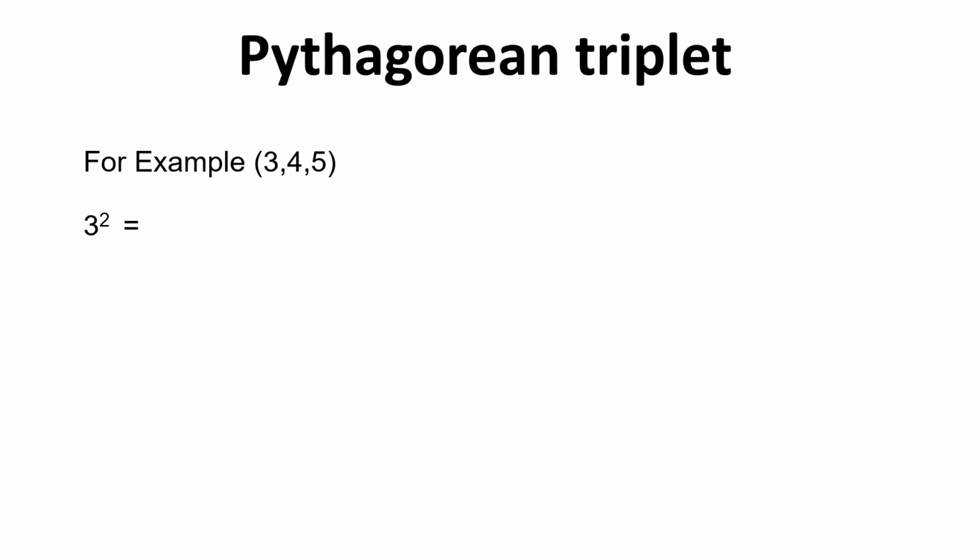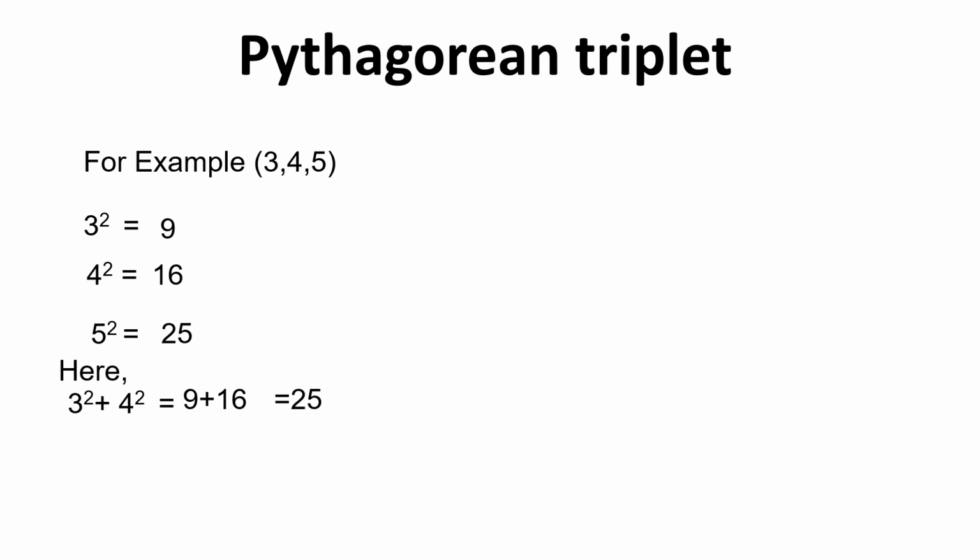First we calculate all the squares of the given numbers in the triplet, that is 3 square is equal to 9, 4 square is equal to 16, right? 5 square is equal to 25. Here we calculate all three squares. Then next, we add the smaller numbers' squares, that is 3 square plus 4 square is equal to 9 plus 16 is equal to 25.